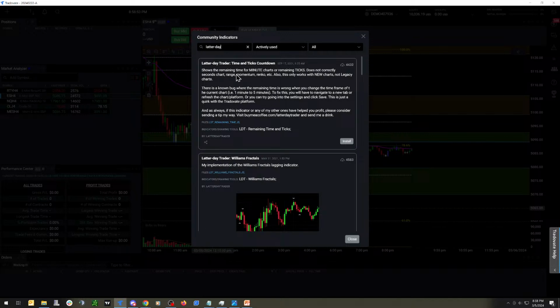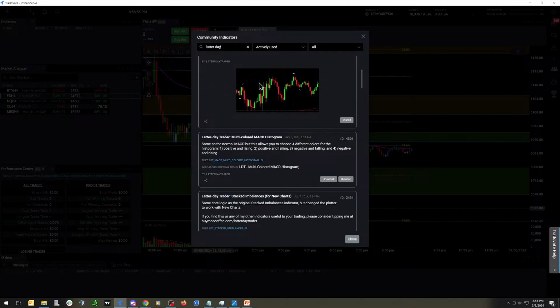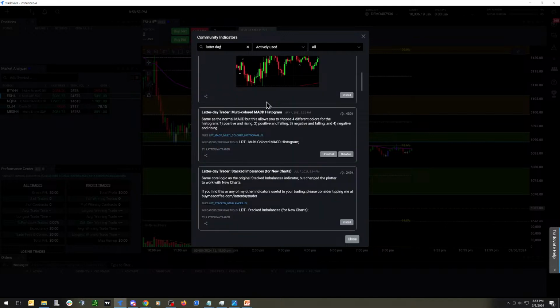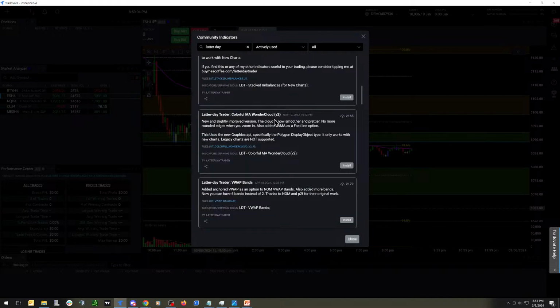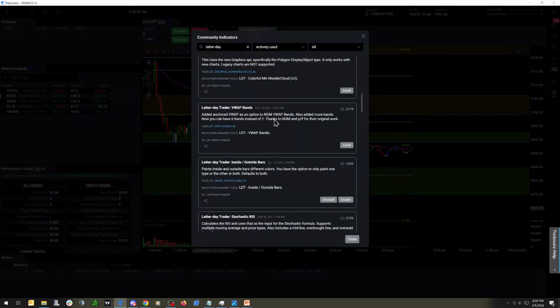There's others: time and tick countdown, Williams fractals, multicolored MACD if you're interested in MACD as opposed to the built-in one, Ichimoku clouds. Oh, inside outside bars. Right there it is.